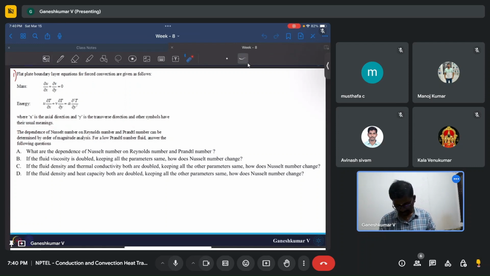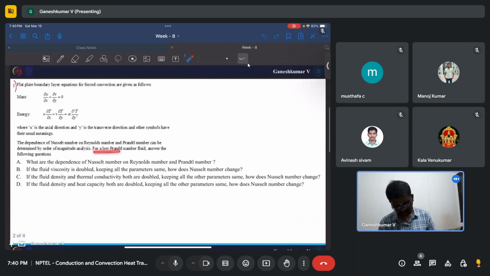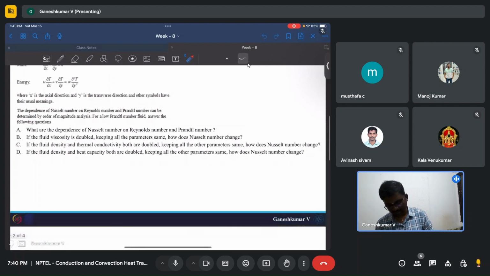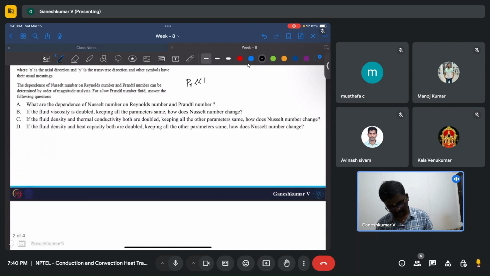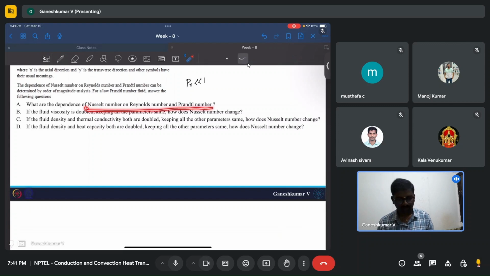Now the dependence of Nusselt number on Reynolds number can be determined by order of magnitude analysis, which we already did. So for a low Prandtl number fluid, answer the following questions. Low Prandtl number fluid means in the limit of Prandtl number very much less than 1. So what they're asking is what is the dependence of Nusselt number on Reynolds number and Prandtl number.